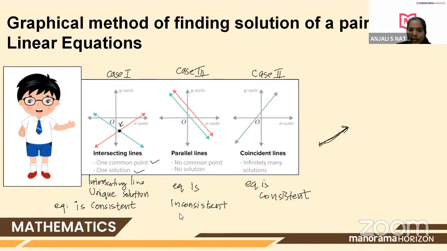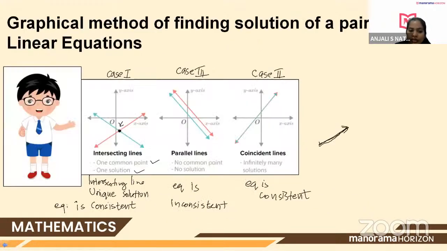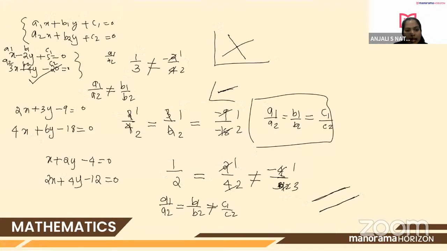So this is the graphical method of finding the solution of a pair of linear equations. We have 3 cases. Case 1, we explain it with an example. Here we take 2 equations, and here a1 by a2 is not equal to b1 by b2. So then the equation has only a unique solution, the lines are intersecting lines, and the equation is consistent. Case 2, we take an example.